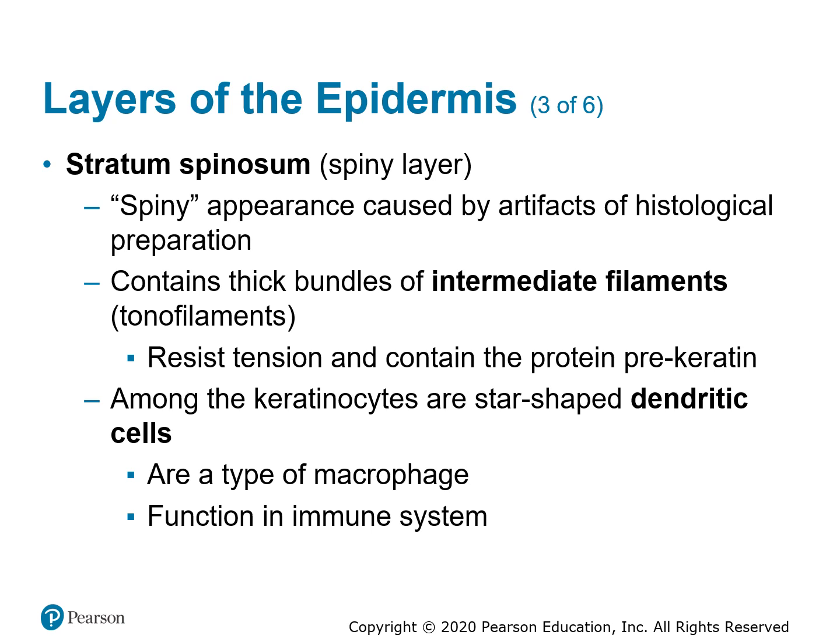Next layer is the stratum spinosum. It is named for its spiny appearance. That spiny appearance comes from those keratinocytes. Okay? It is several layers thick, unlike our stratum basale. And it has thick bundles of intermediate filaments.